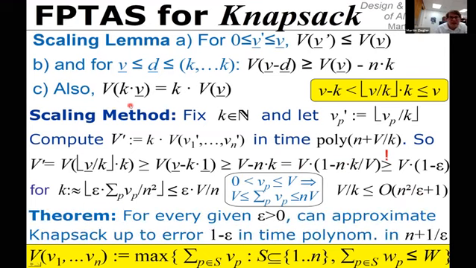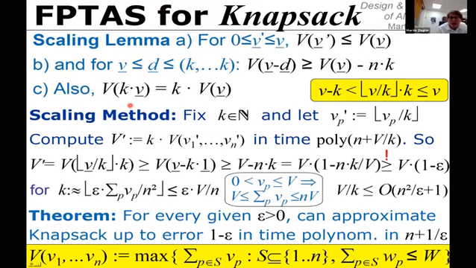Okay, so to summarize, the algorithm we've just discussed has the following property, which is called fully polynomial time approximation scheme. For every given epsilon, parameterizing the approximation ratio, the algorithm achieves an approximation to the knapsack maximization problem up to error 1 minus epsilon as a factor in time which is polynomial in n and polynomial in 1 over epsilon, where since epsilon is small, 1 over epsilon could be large.